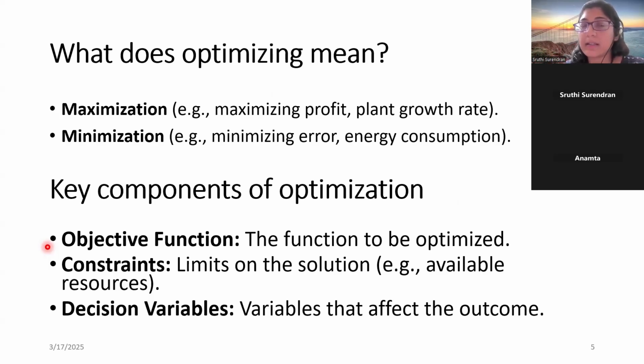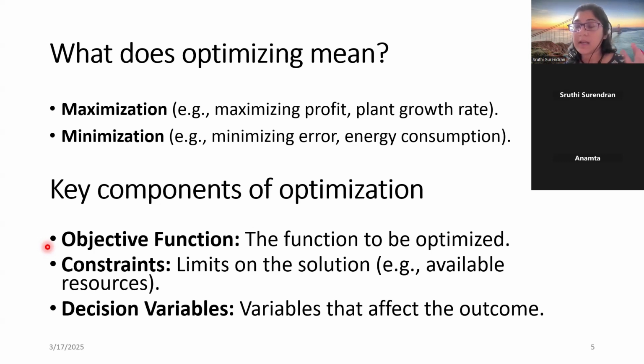Then minimizing can be minimizing the loss, minimizing the error, minimizing the amount of fuel that is used, minimizing the cost. All of these are optimal solutions that require minimizing whatever result we require. So optimizing is nothing but getting the best solution.